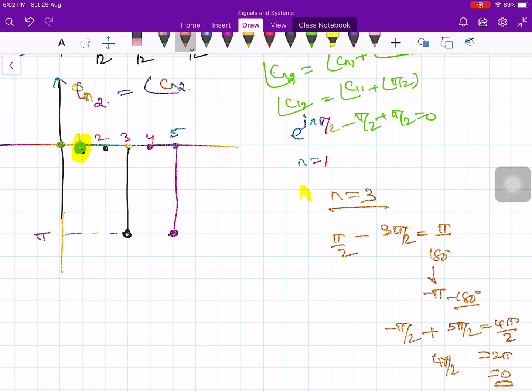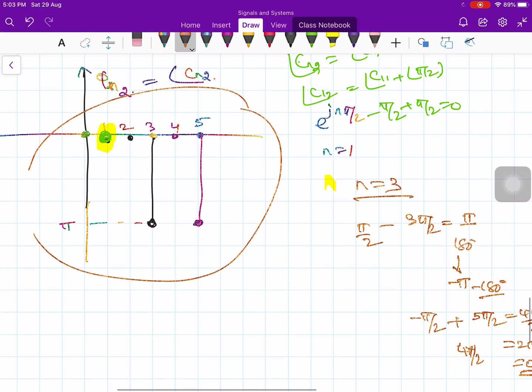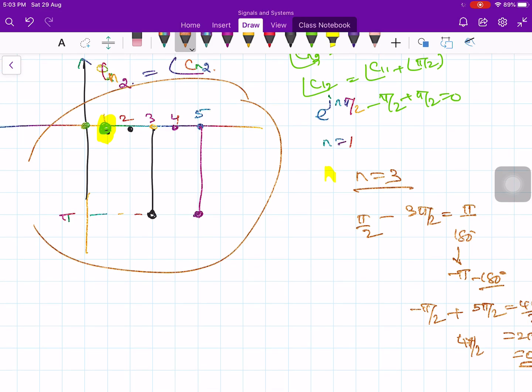So you have a whole series of angles 0 and pi alternately, and this is the phase spectrum of that. So the conclusion we draw from this is, if you have a square wave, whether you put it at the origin or somewhere else, the magnitude spectrum will remain the same.